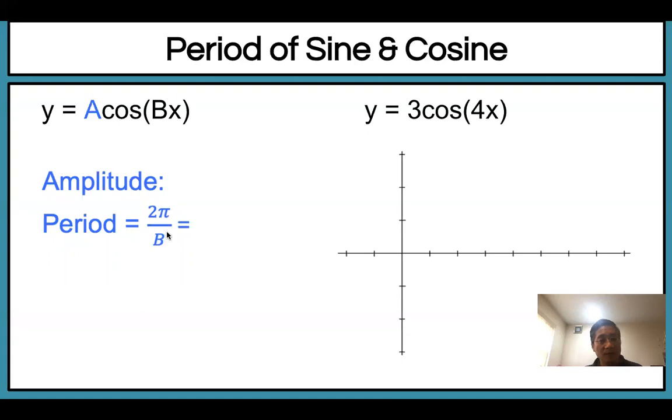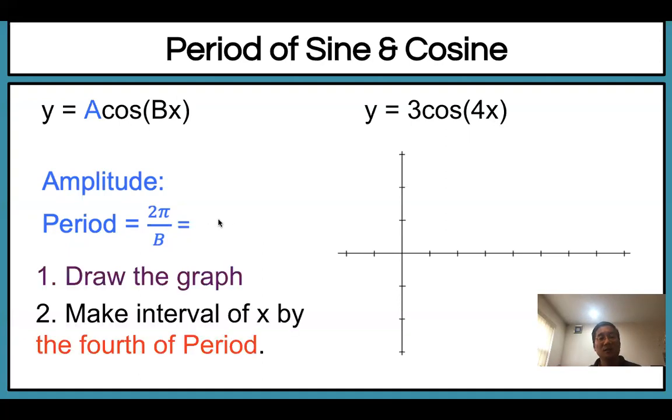Let's see with an example. 3 times cosine 4x. What's the amplitude? 3. What's the period? 2 pi over 4, or 360 degrees divided by 4, right?